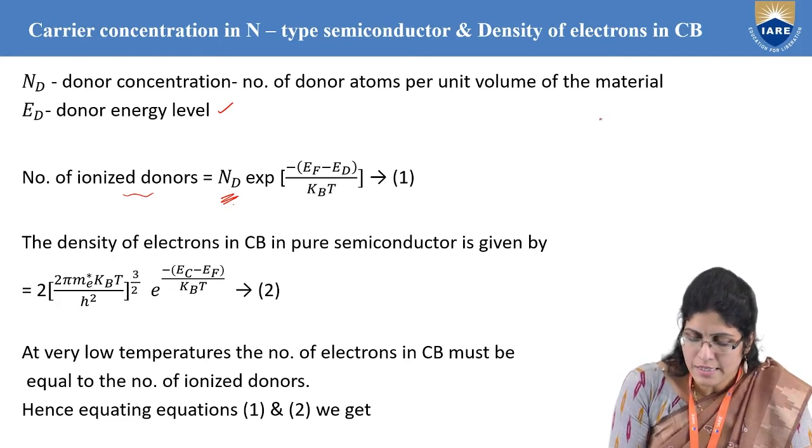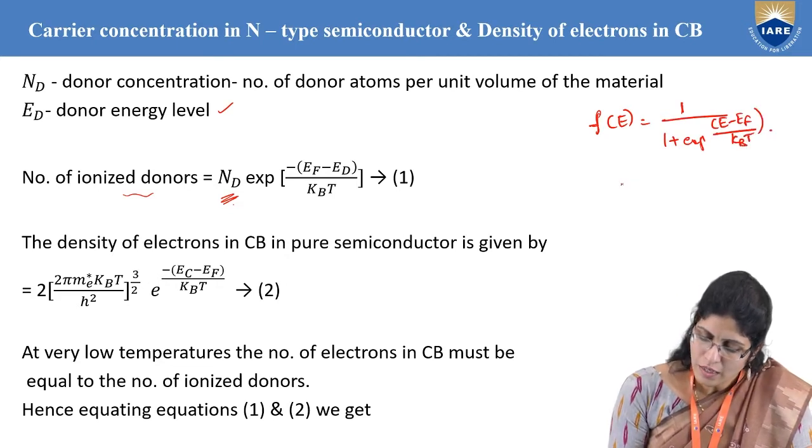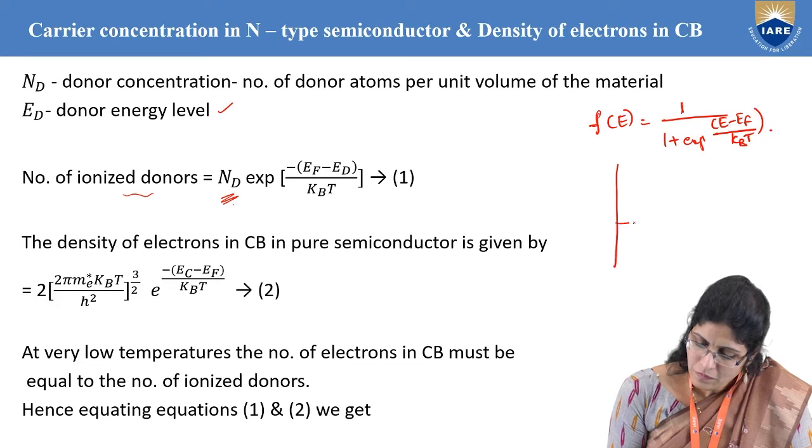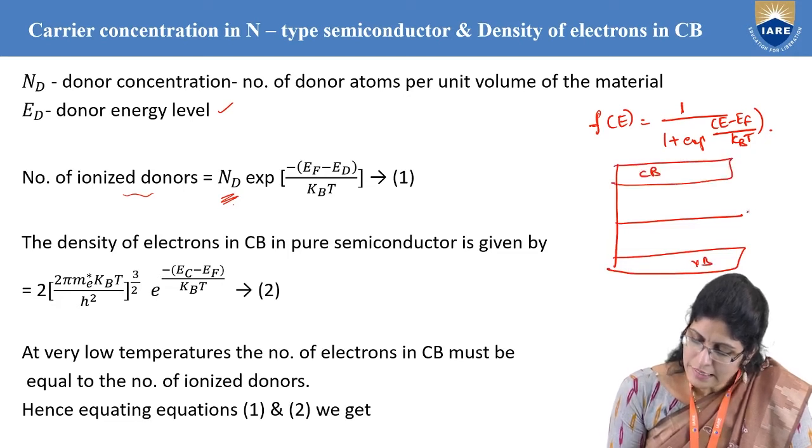Probability, what did I say? It is given by f(E) equals 1 by 1 plus exponential of (E minus EF) by kBT. Now here, this is the valence band, and this is the conduction band, and this is the intrinsic Fermi level, I should say.